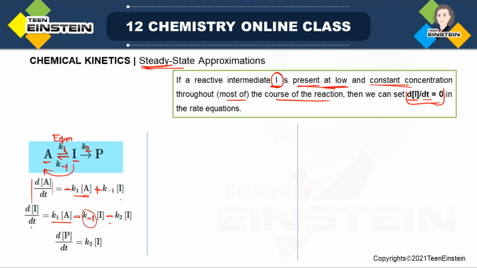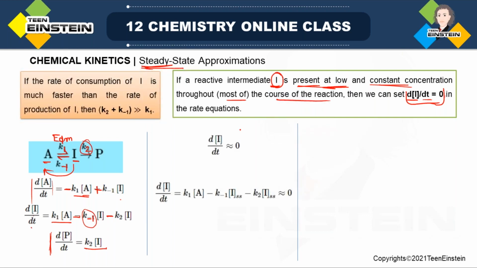And minus K2, because rate constant K2 is for the conversion of I to P, so I will decrease with time. That is why there is a negative sign. And for the final product P, the dP/dt expression is very simple. It is dependent only on K2, so it is K2 into I. Fine.